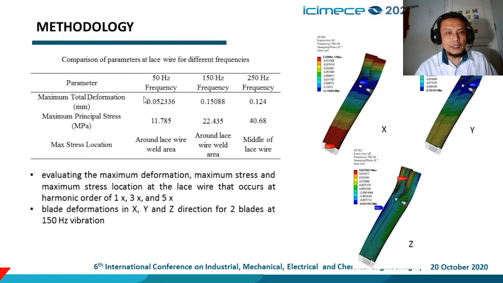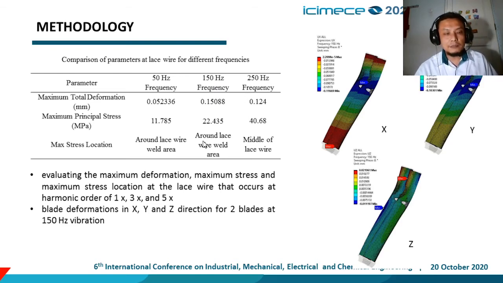So for harmonic analysis, there are 3 RPM via analysis, or in terms of frequency, 50 Hertz, the normal operation frequency or equal to 3000 RPM, 150 Hertz and 250 Hertz.